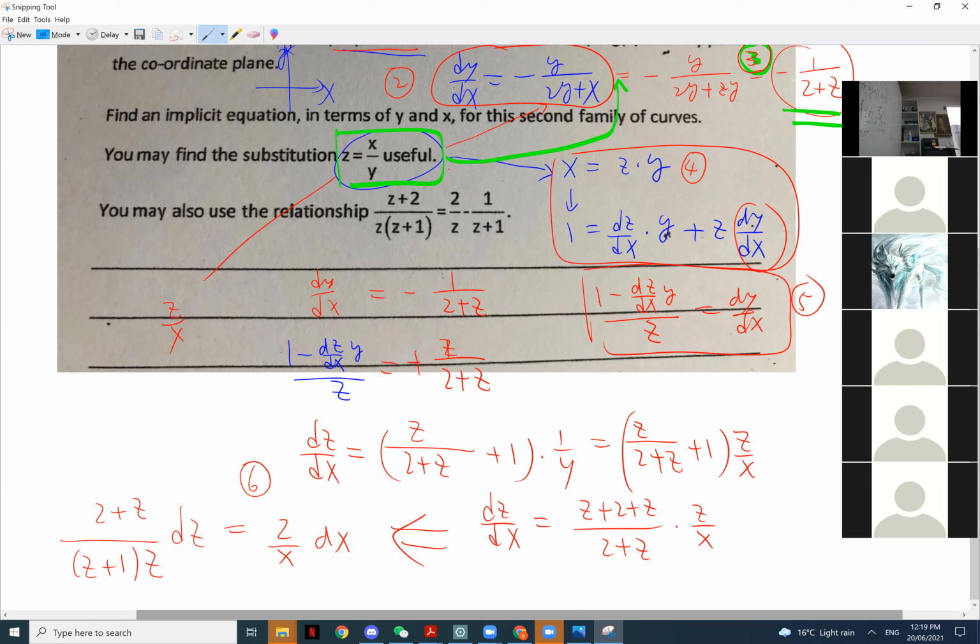Too much working, too much working. Okay, copy down and check if you can understand these steps. Not easy. Some scholarship questions are pretty challenging.